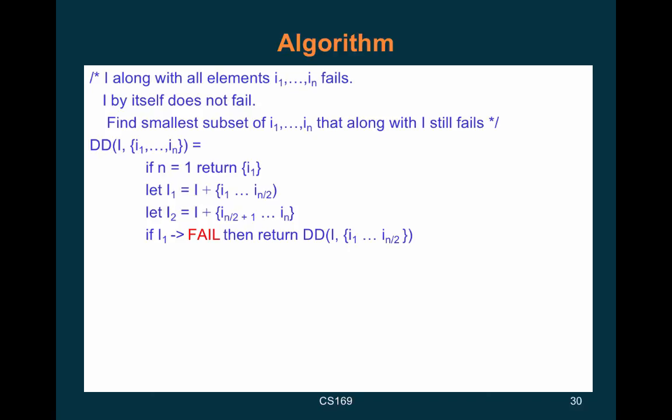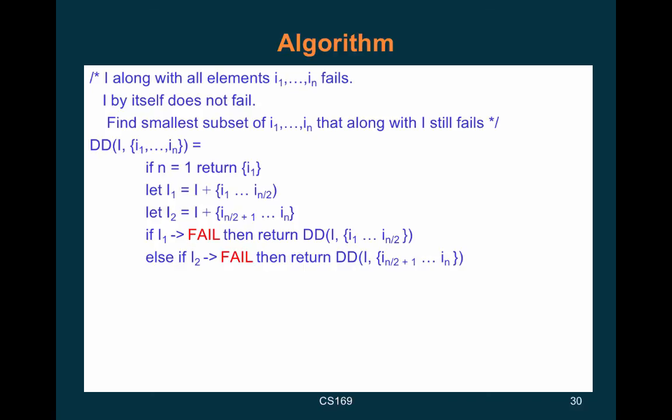Well, I by itself doesn't fail, and we know that from our initial assumption on DD. And we know that I, along with that second argument, fails, and that is true because of this conditional that we just tried. Okay, so that's a correct invocation of delta debugging, and it's going to return exactly what we need.